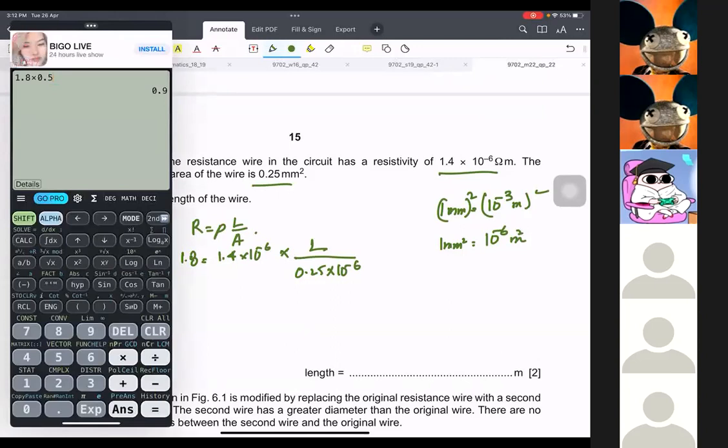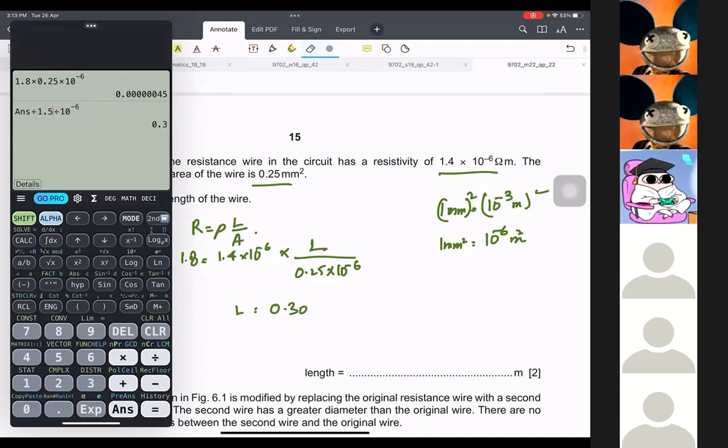Okay. What did I do? 2, 5. Okay. So the length is, say, 1.4, not 1.5. 1.4 times 10 to the power of minus 6, not 1.5 times 10 to the power of minus 6.